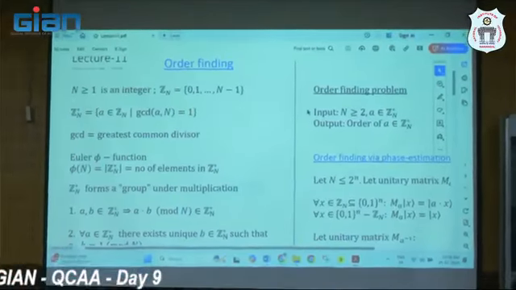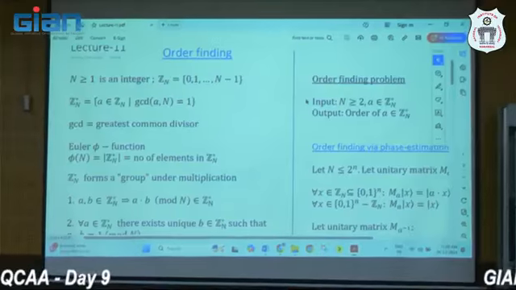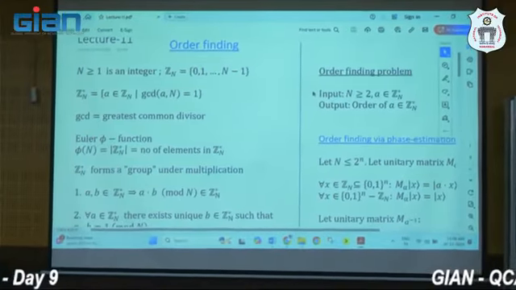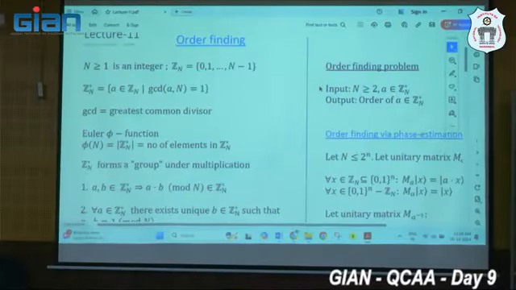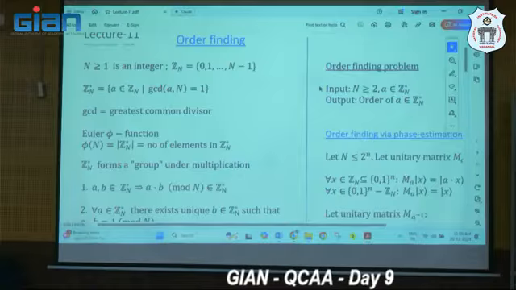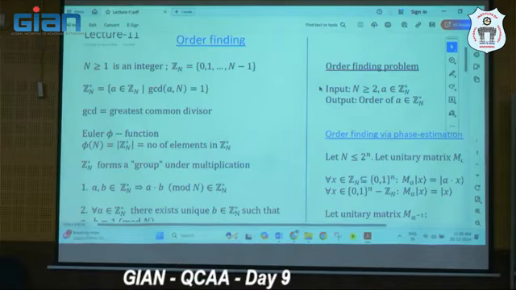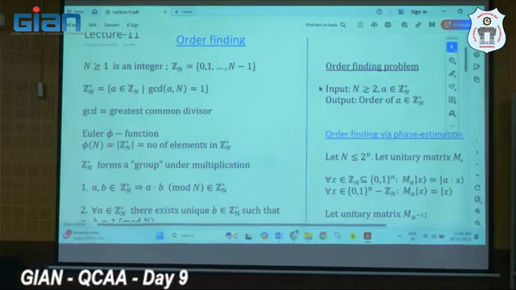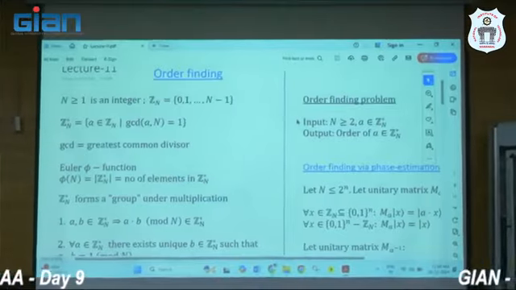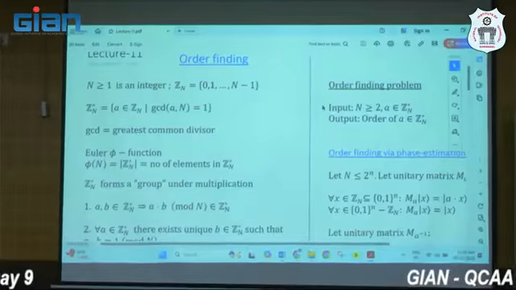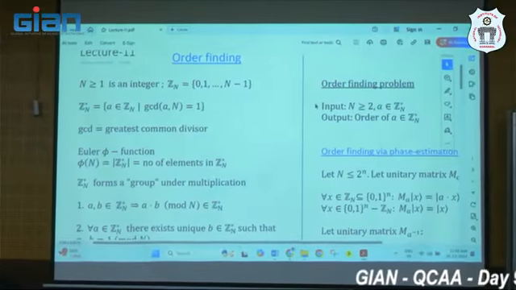Now we have the set Zn star. Okay, important to note. The set Zn star. What is that? You have all the elements A in Zn whose GCD with capital N, correct, is 1. That is, they are co-prime to n.